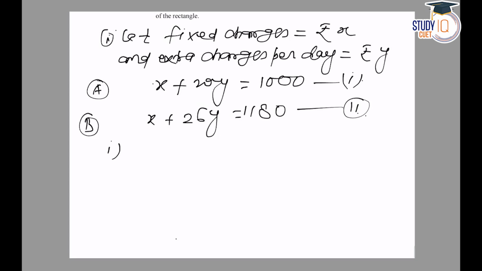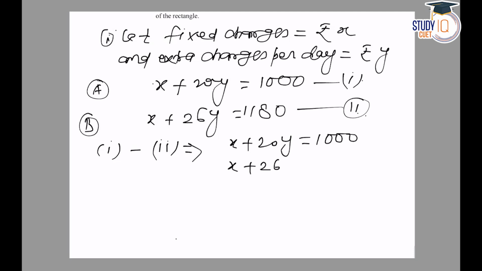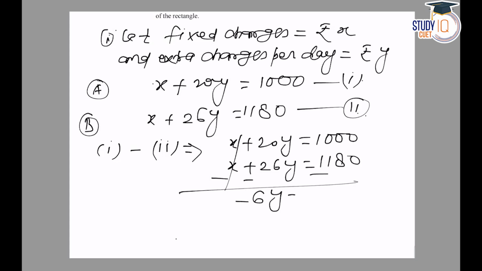So to eliminate X, subtract equation 1 from 2. We get X plus 20Y equals 1000 and X plus 26Y equals 1180. So X cancelled out. 6Y equals 180, that is Y equals 30.